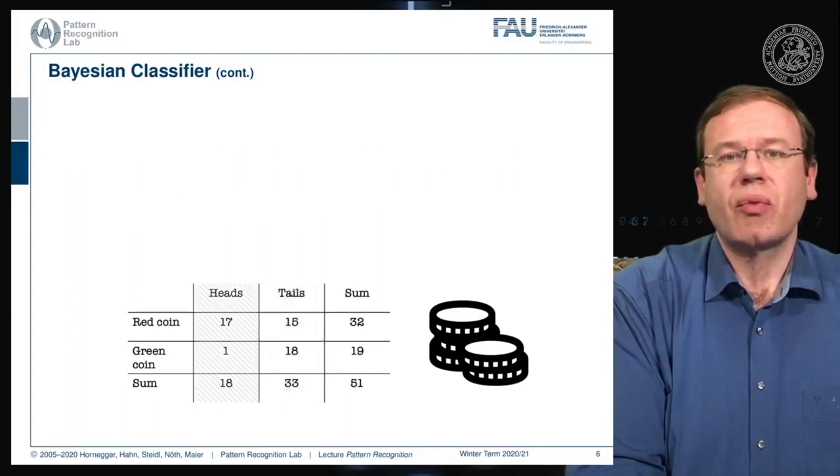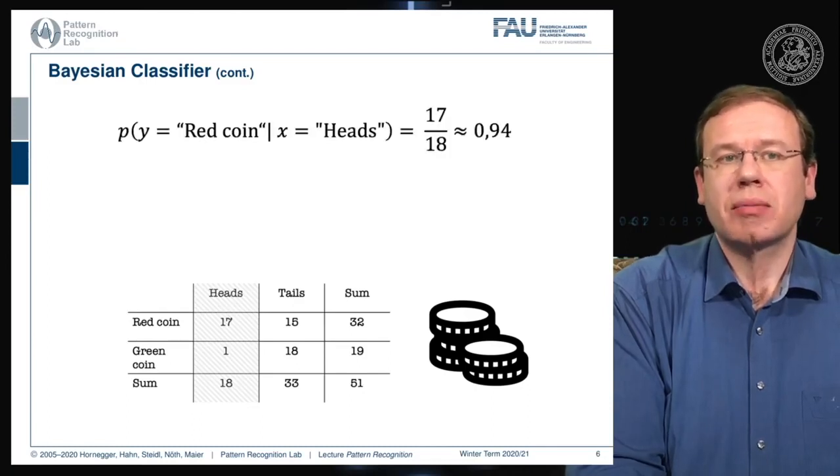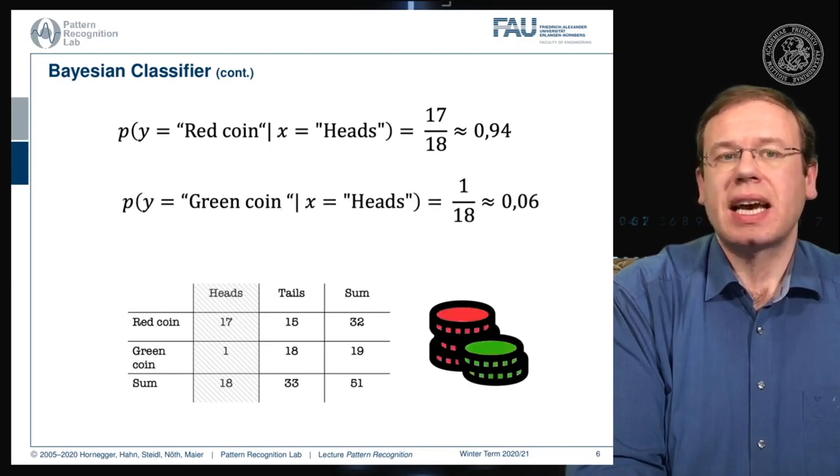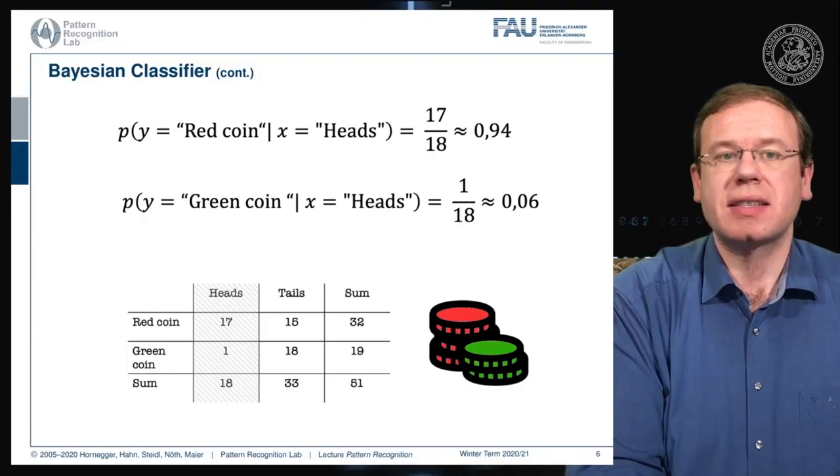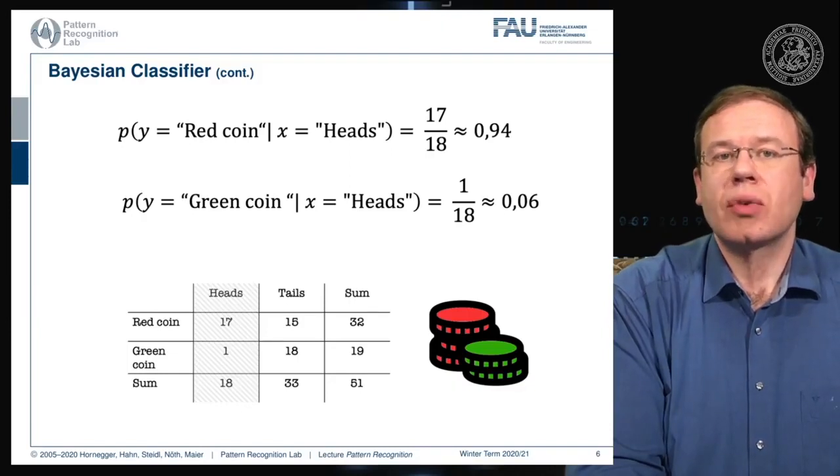So let's say we observe heads. Now if we observe heads, the probability for red coin is approximately 94%, and the probability for green coin is only 6%, because in most of the cases where heads is produced, of course the red coin was used. So observing heads in this case is very strong evidence that the red coin was used.